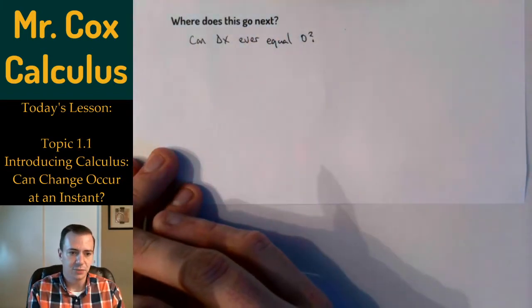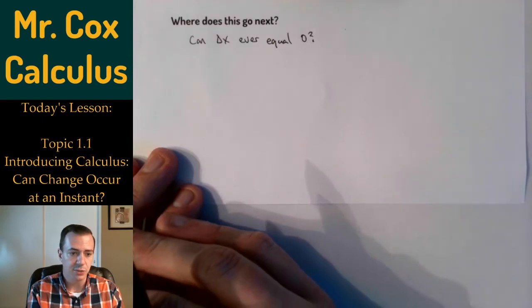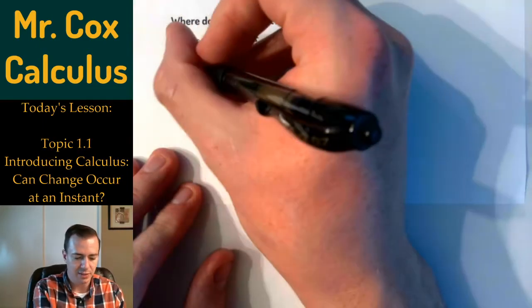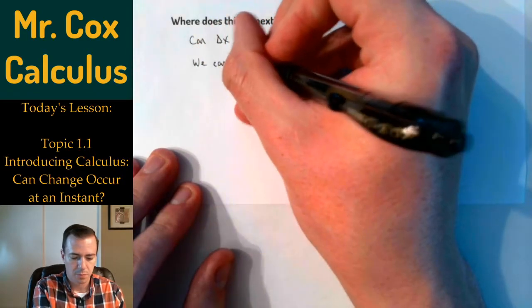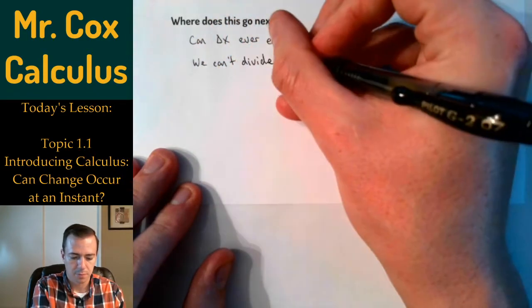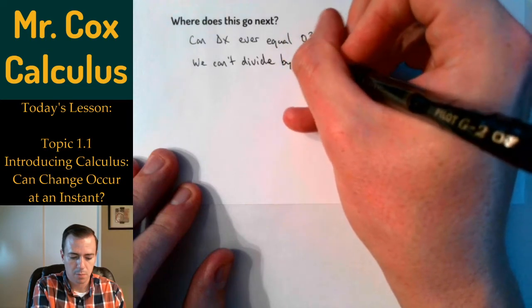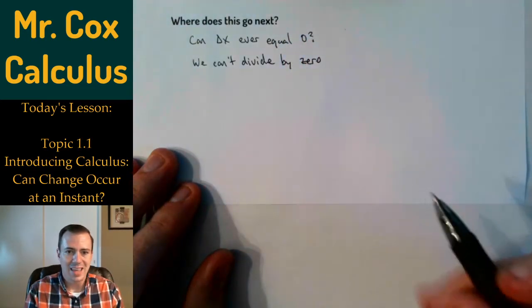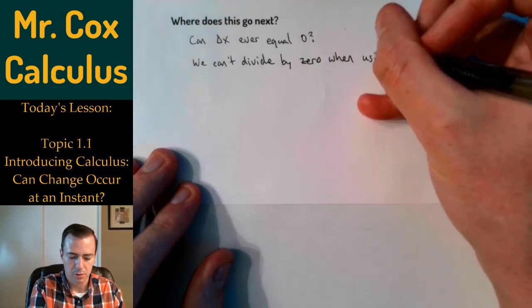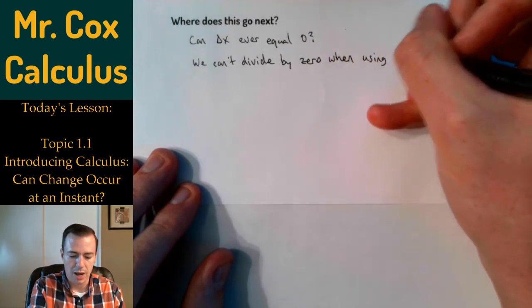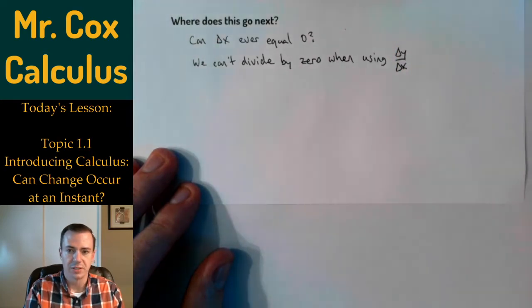Well, in the sense of trying to find the rate of change, the answer is really no, because we can't divide by 0. We can't divide by 0 when using that formula delta y over delta x.